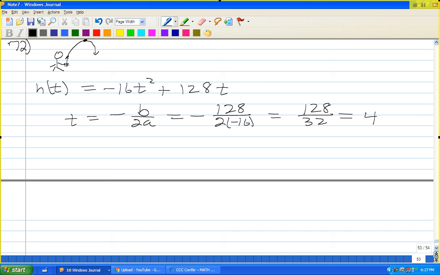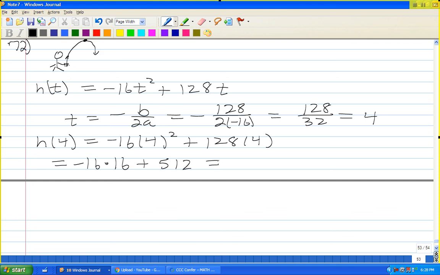So now let's figure out what the actual height is. So let's plug in for t, 4. So negative 16 times 4 squared plus 128 times 4. So let's figure out this height. 4 times 4 is 16. 4 times 128 is 512. 16 times 16 is 256. 512 minus 256 is 256.